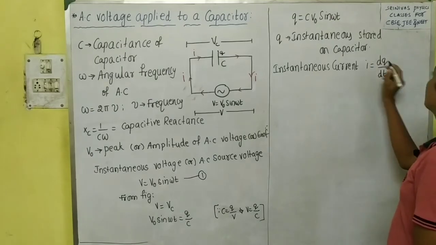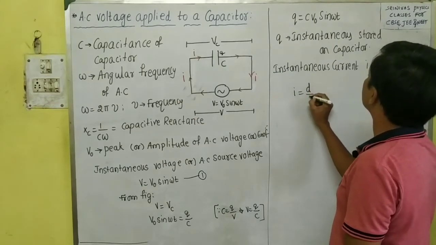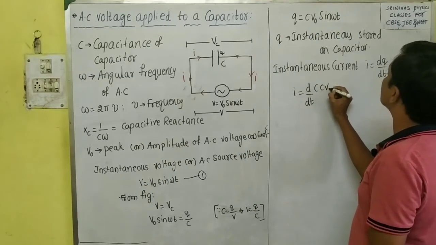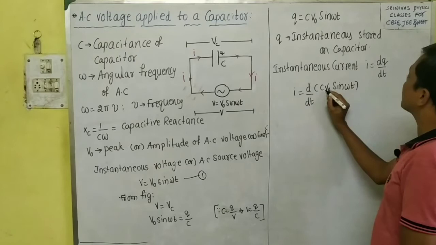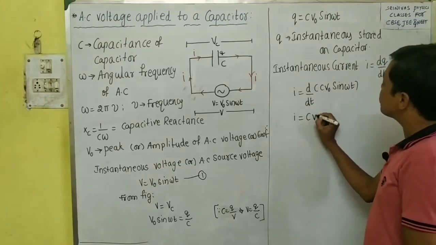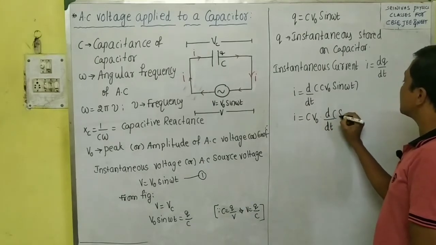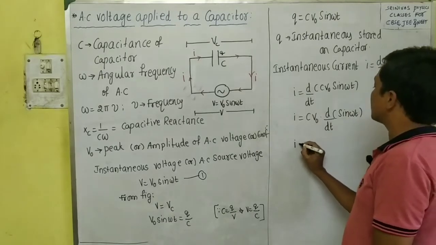We differentiate this. I is equal to d by dt of q, which we already know, that is C V0 sine omega t. We write the constants outside, then I is equal to C V0 into d by dt of sine omega t. What is the differentiation of sine omega t?